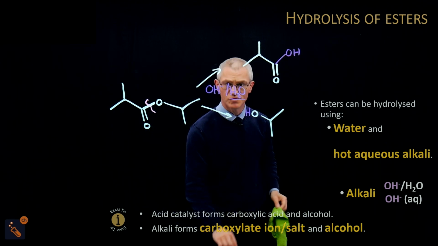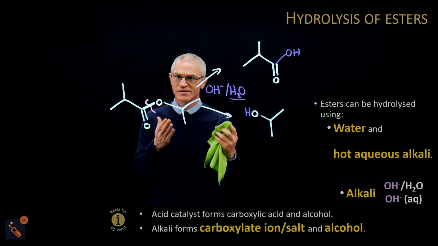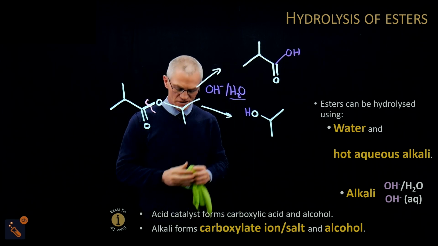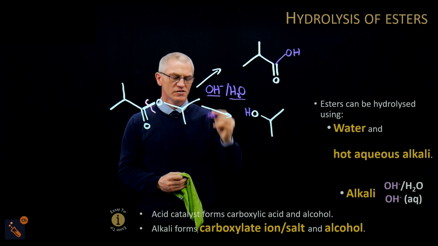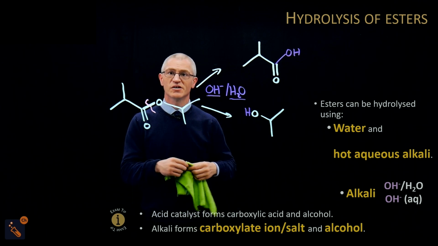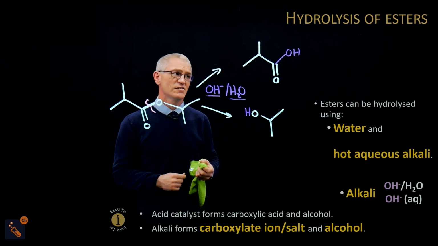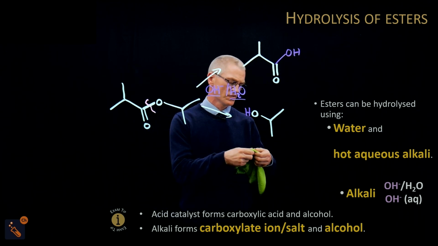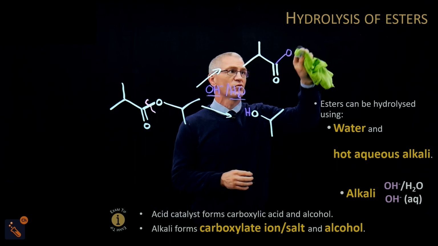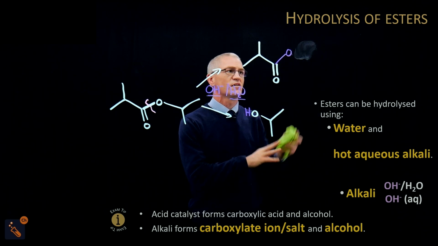Now here's the really important thing. You've added the water, but now you need to look at the OH minus. The OH minus comes from something like sodium hydroxide, and it reacts with acids. So when it reacts with acids, it removes the proton and makes water. So if I take this now and remove that proton, that's then gone.